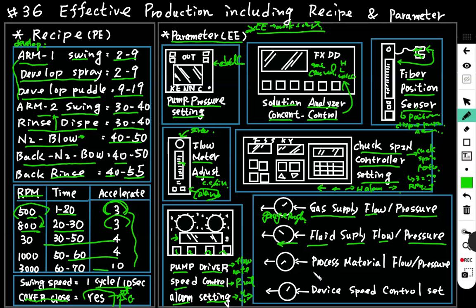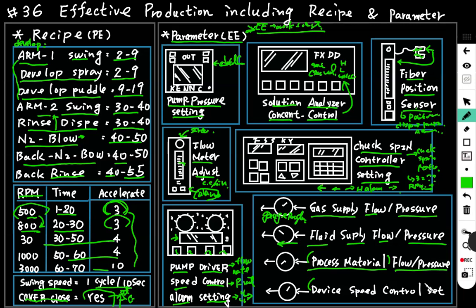And for some particular equipment, we must set another process material, a specific material, its flow rate and pressure.